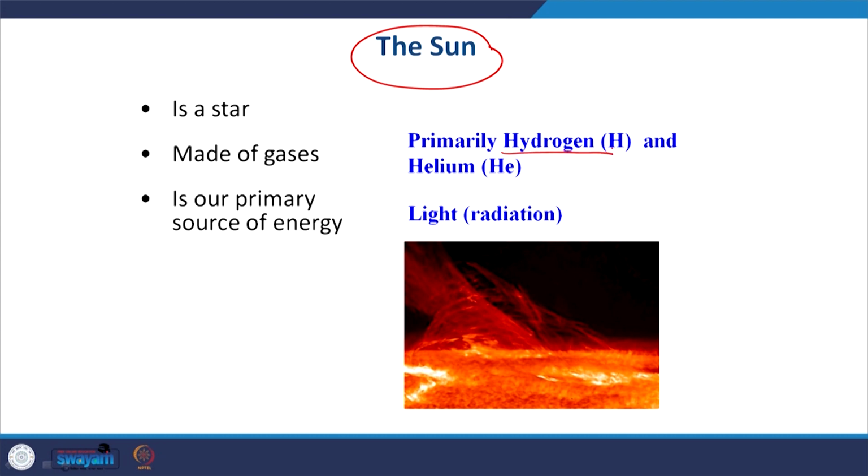Hydrogen is fused to form helium. You will keep seeing the sun as long as there is hydrogen left inside the sun to fuse to form helium. And sun is the primary source of energy for Earth, and of this energy, light or electromagnetic radiation is the main form of energy.